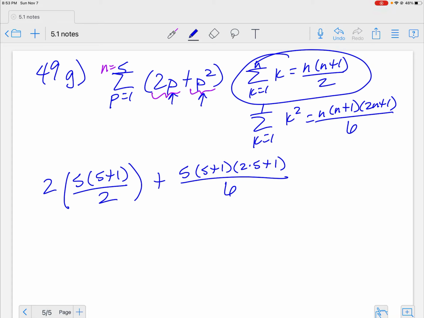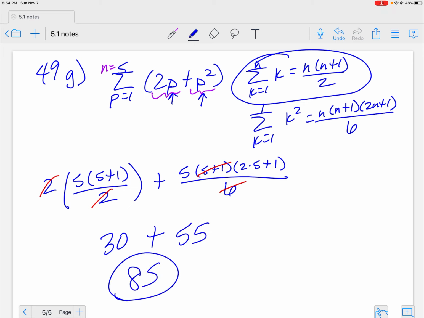All right, then clean it up. So make your life easier. 2 divided by 2 goes. So I just have 5 times 6 up here, which is 30. Plus, again, 5 plus 1 is 6, so cancel it out. That's all multiplied, right? So now I've got 11 times 5, which is 55. So my whole thing is going to be 85.